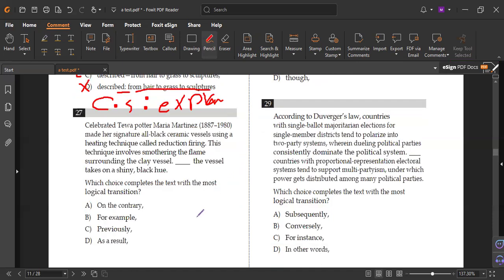Now let's test your mind. Read and try. 27 or 29? 27 in order. Okay.